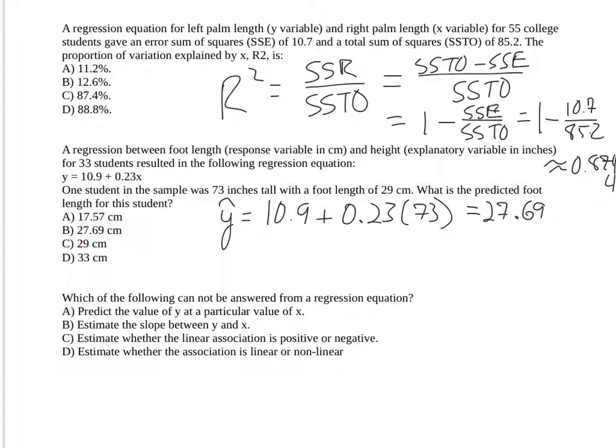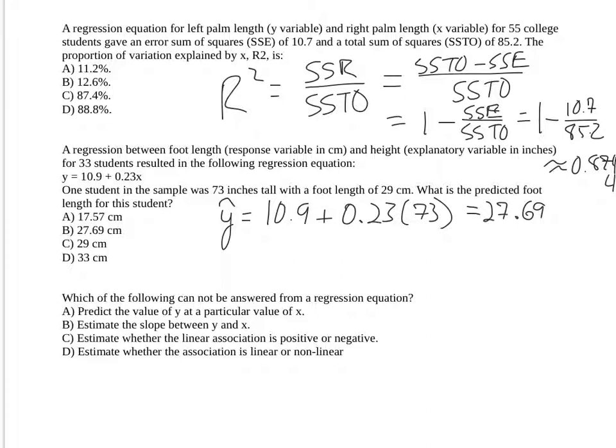So there are going to be, for sure, several examples where you're given a regression equation for the line, and you're going to be asked to predict something. Now you have to make sure that you're predicting correctly.